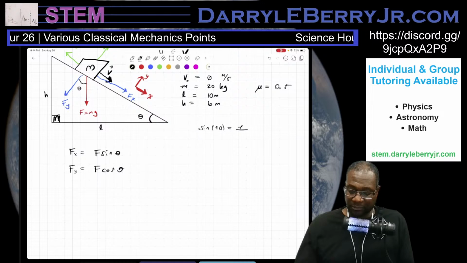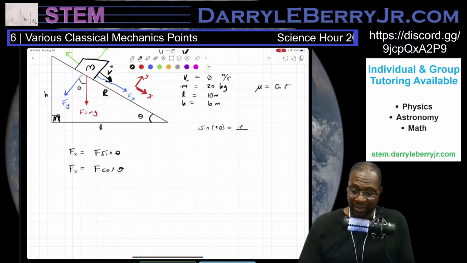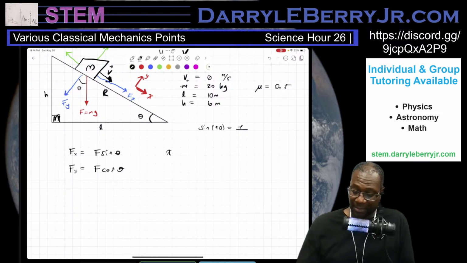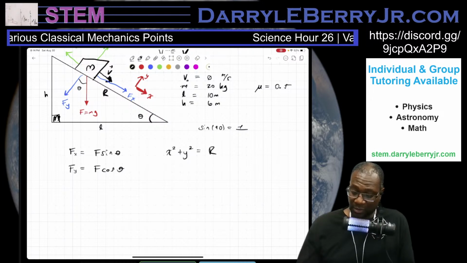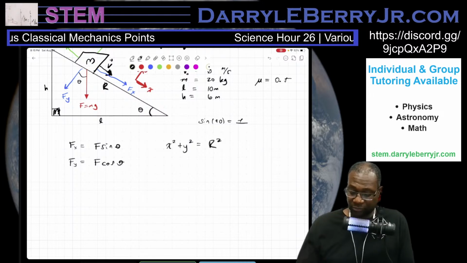Another thing we can look at as well is to get the length of the ramp. So we know from trigonometry, x squared plus y squared equals r squared, like a triangle or what have you.